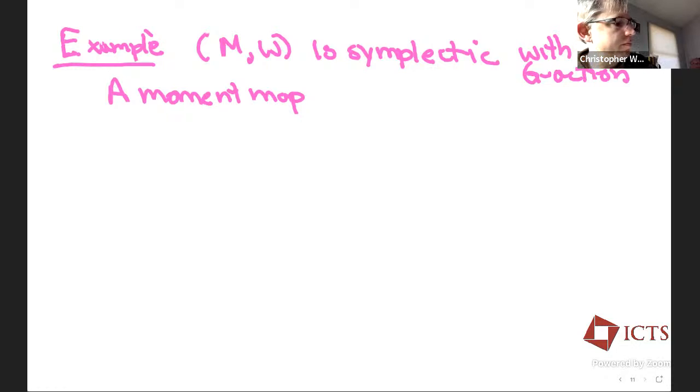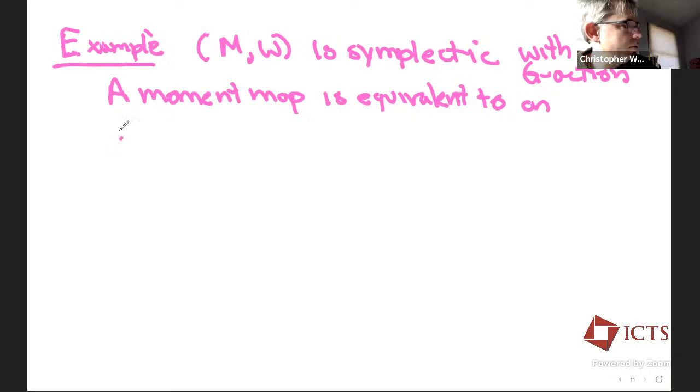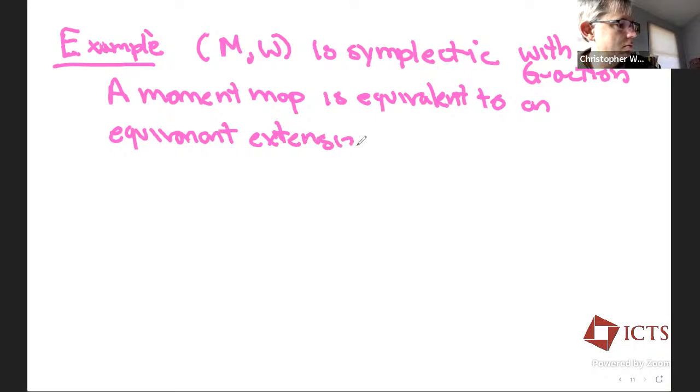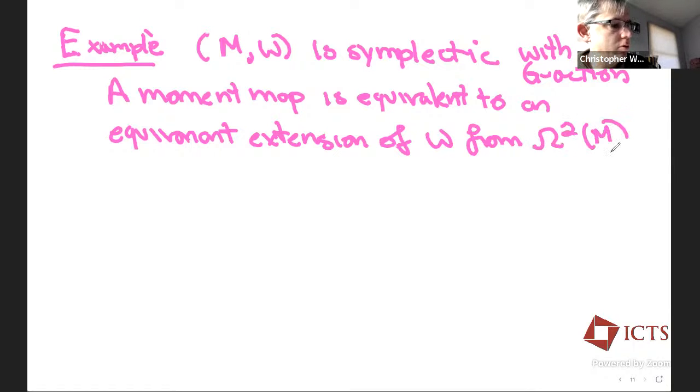A moment map for the action is equivalent to an equivariant extension of omega from two-forms to equivariant two-forms.